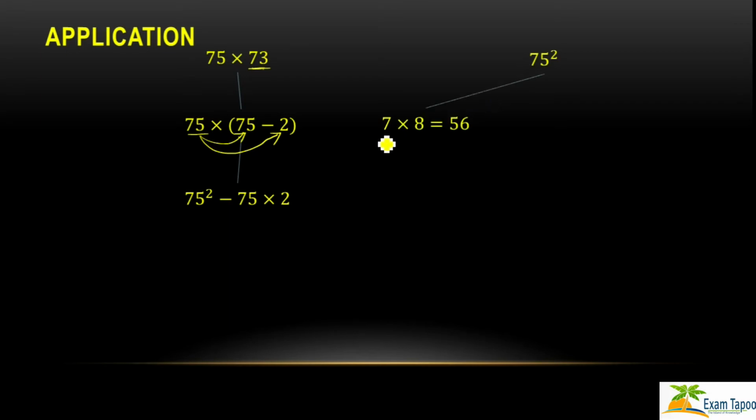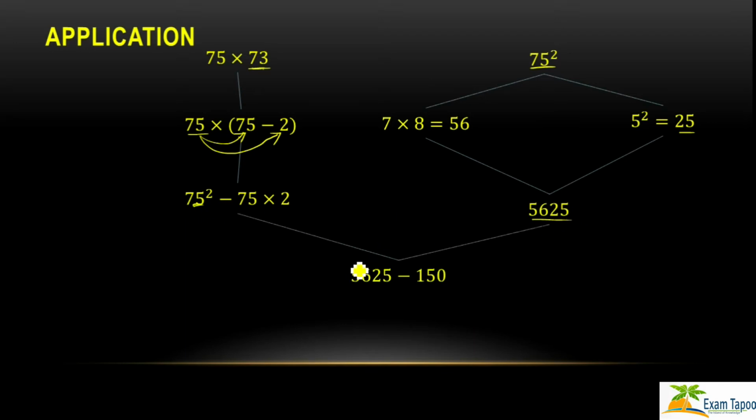So 7 times 8 is 56. And the square of 5 is 25. The results of these two steps get joined in step 3. So 5625 is the square of 75. In place of 75 square, I can write 5625.